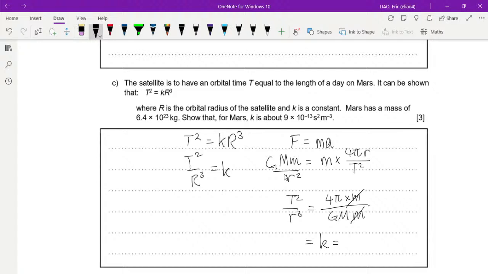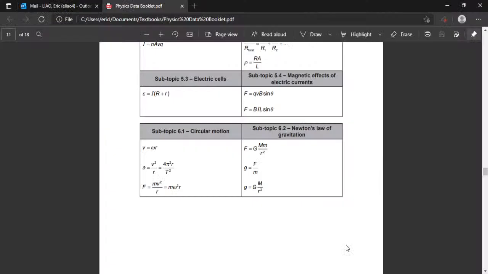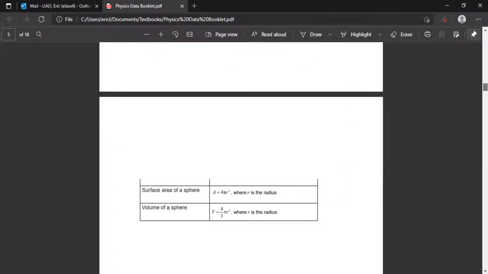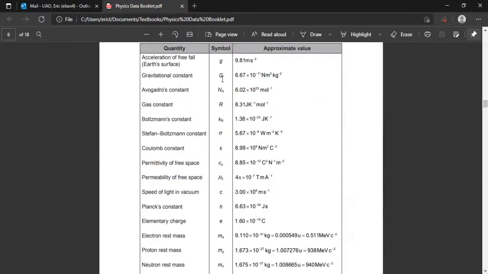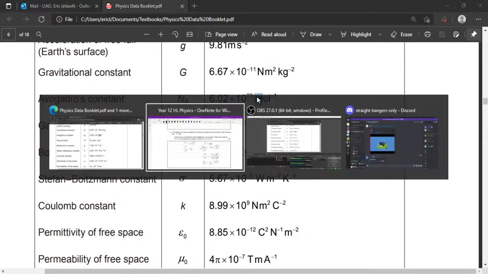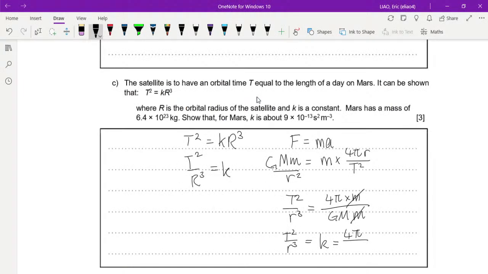So, yep. And 4 pi over GM, we know all the values, we know mass as that mass, so we'll write G, and G will be given in the data booklet, possibly as almost the first constant, the second constant in fact, 10 times 10 to the negative 11.